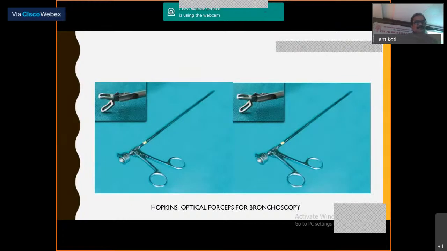This is for foreign body bronchus. Hopkins optical forceps for bronchoscopy. You must have seen, the ENT hospital has this. So this is for removal of the foreign body in the bronchus and the lesion. We had a video of a foreign body.